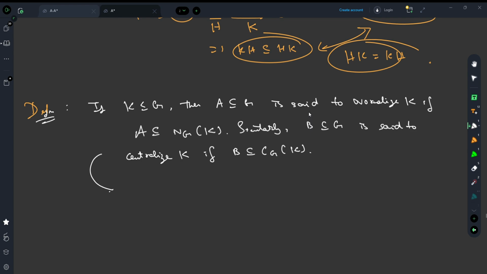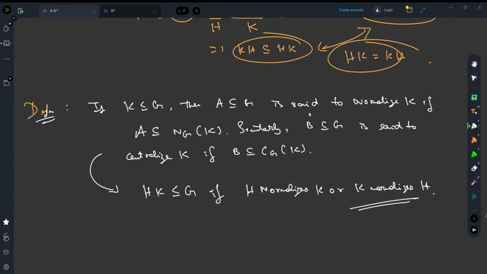So from this definition, it's utterly obvious that HK is a subgroup of G if H normalizes K. This comes from the corollary: H normalizes K or K normalizes H, right?